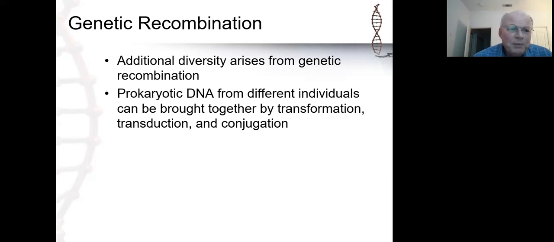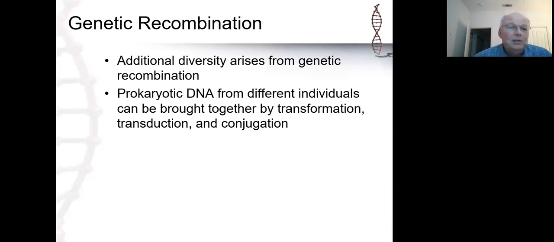This is the uptake of DNA in the laboratory. It's the uptake of plasmids. In the environment, it can be the uptake of plasmids, or it could just be the uptake of loose pieces of genomic DNA that have, when a bacterium dies, its DNA can become fragmented, and other bacteria can take up some of those fragments by transformation.